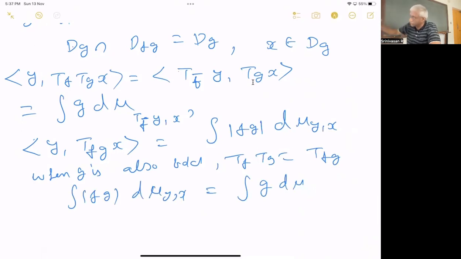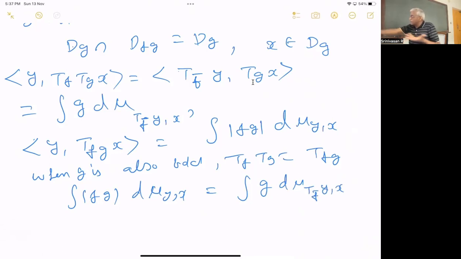We have two integrals, and those two integrals are equal. We have calculated the inner product with TFG and the inner product with TFTG. TFTG is equal to TFG when G is bounded, since the operator is bounded, so the integrals are also equal. So TF bar YX, these two are also equal.